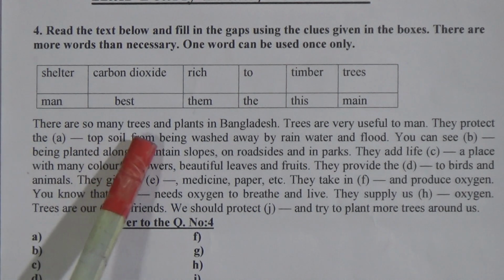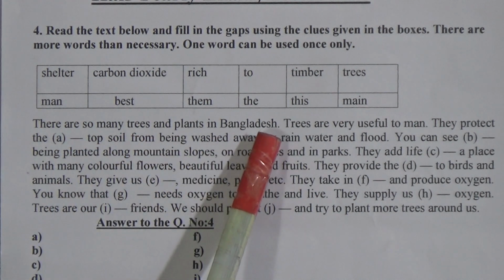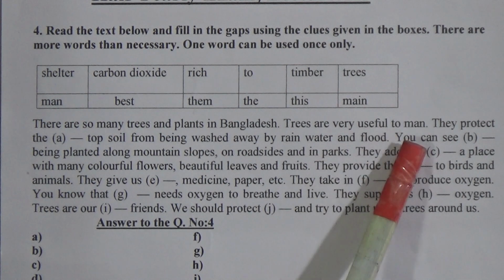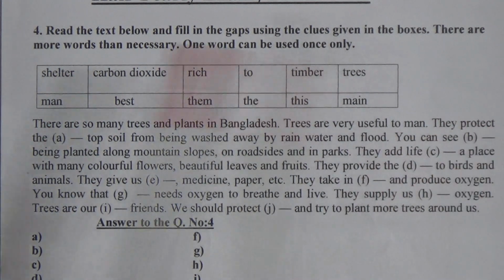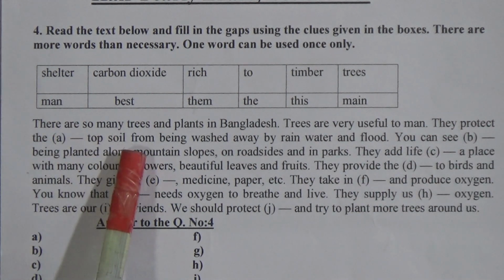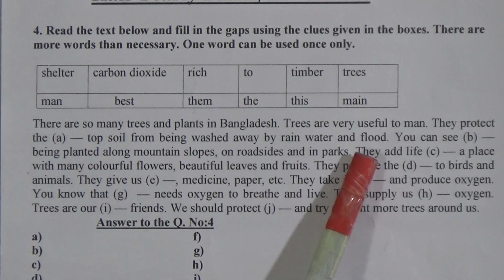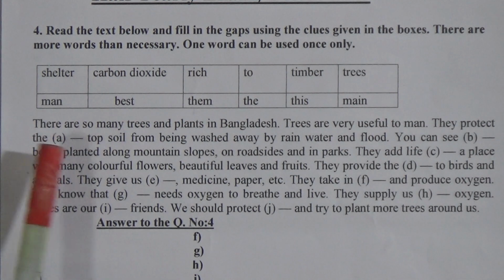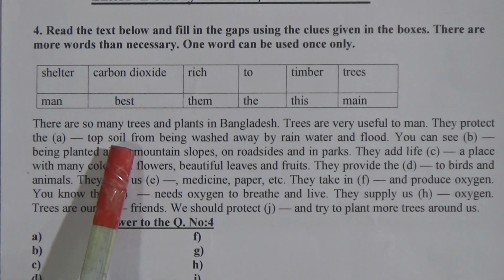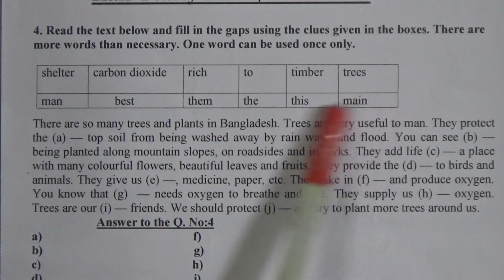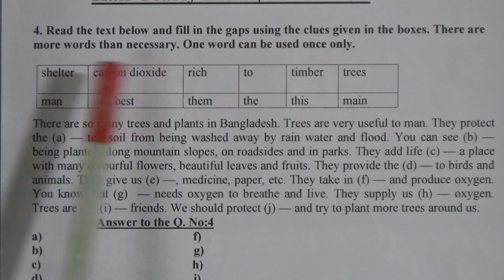There are so many trees and plants in Bangladesh. Trees are very useful to man. They protect the dash top soil from being washed away by rainwater and flood. So they protect the dash top soil. So which top soil? Can you guess from the box? The words are given.